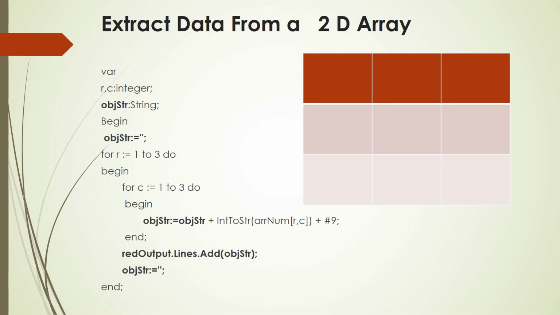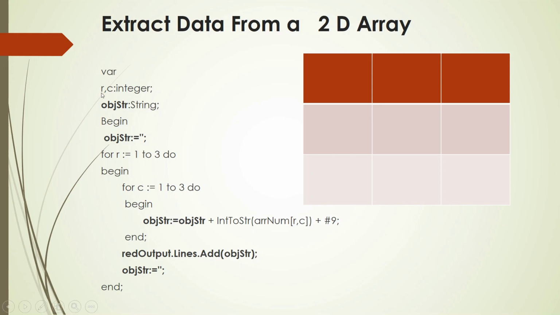So if I want to display in tabular form, in a table form, let's look at a segment of a program. Again, to enter data and populate the 2D array, I used a nested for loop. To display data, to extract and access data from a 2D array, I've also got to make use of a nested for loop.